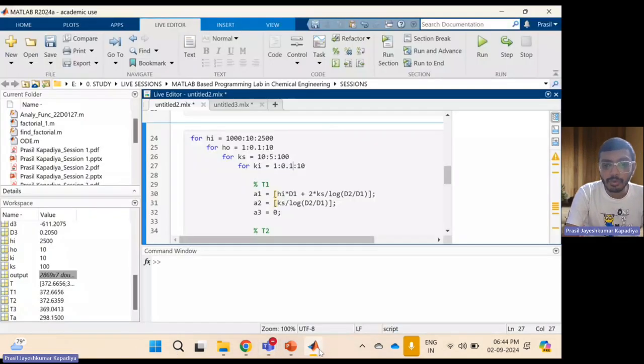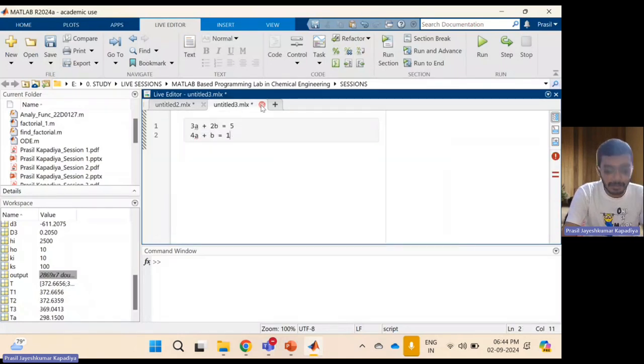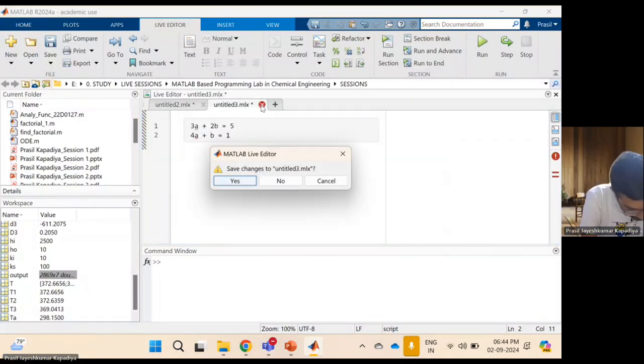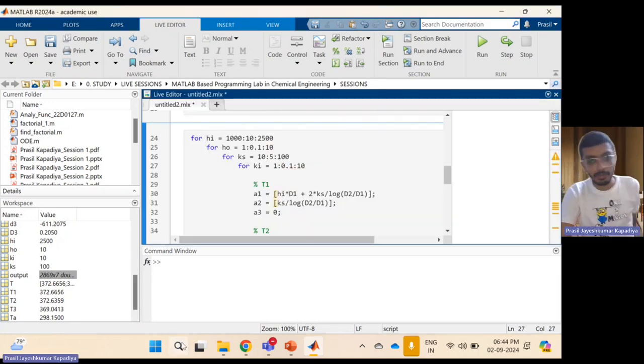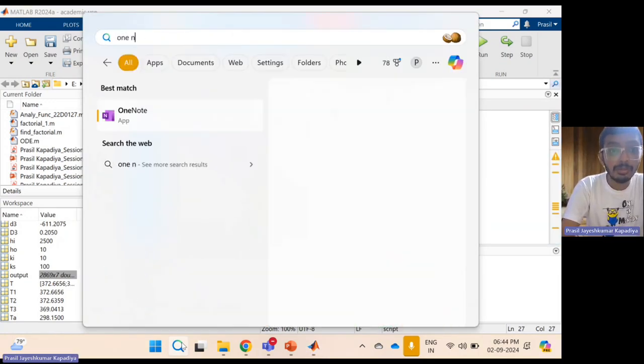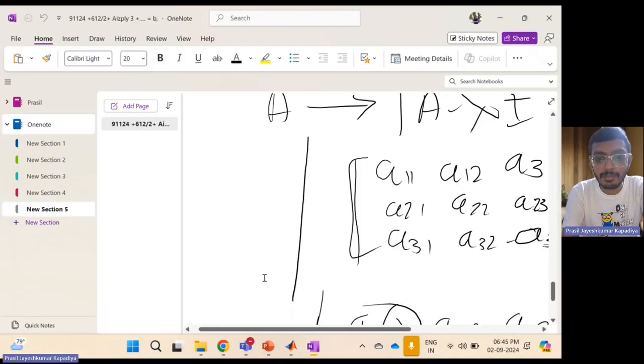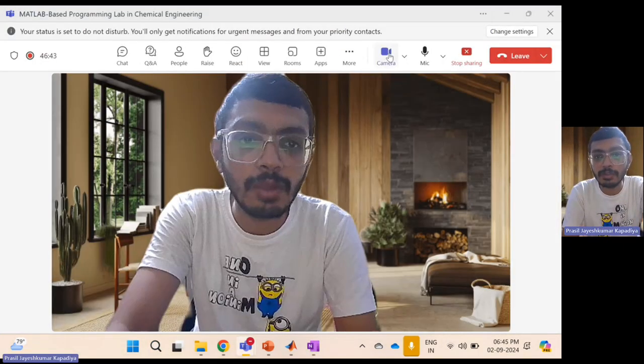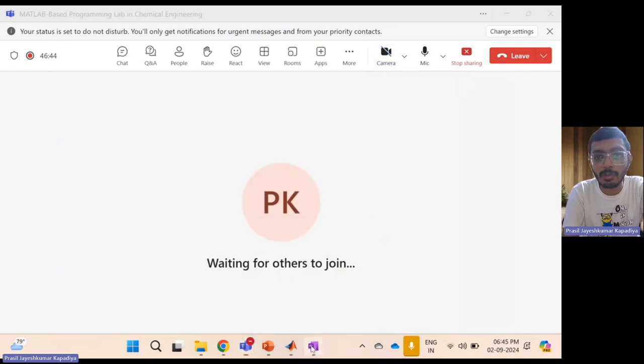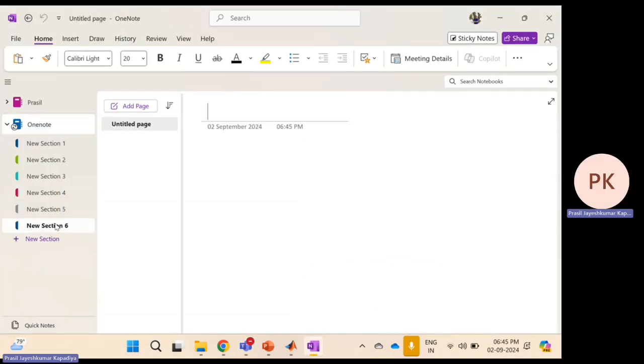Okay, so for that, I will open OneNote, and for some amount of time, I will stop my camera so I can easily write down what I want to write.